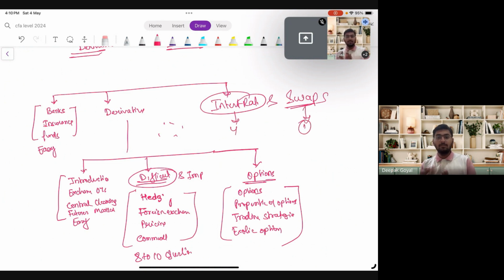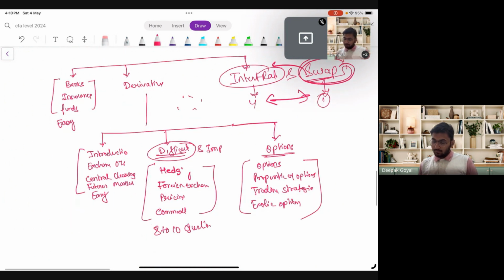So I just combine them, because swaps are also somewhat related to interest rates, but they also incorporate the concept of equity and derivatives, and they also cover the interest part as well. That's why I combine them. Clear? Generally, swaps are part of derivatives. Remember that swaps are derivatives. But in swaps, we are doing swaps on interest rates, floating interest rates and fixed interest rates. So I combine it with the interest rates. Clear?